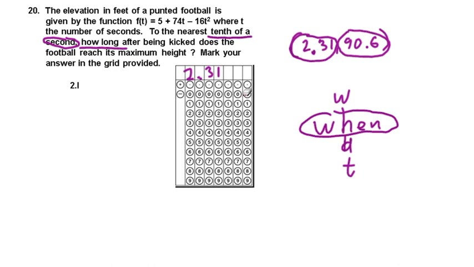Well, actually, tenth of a second would be this first decimal place, 2.3. Now, usually you're not going to be penalized for putting in extra decimal places, but the thing is actually asking for tenths, and 3 is in the tenths place, so 2.3 is really the correct answer for this one, even though I saw a lot of people put 2.31 in here.